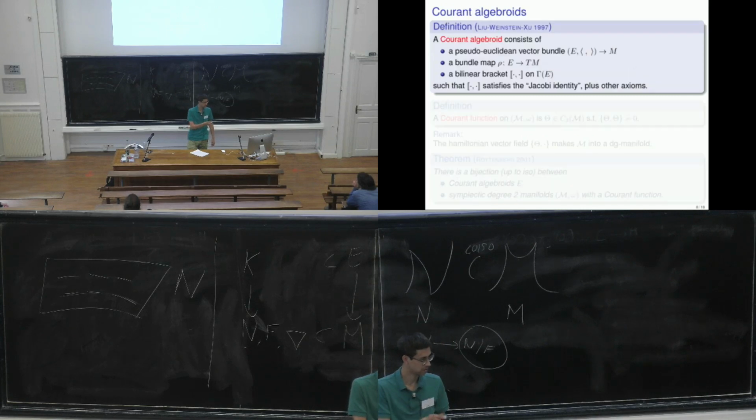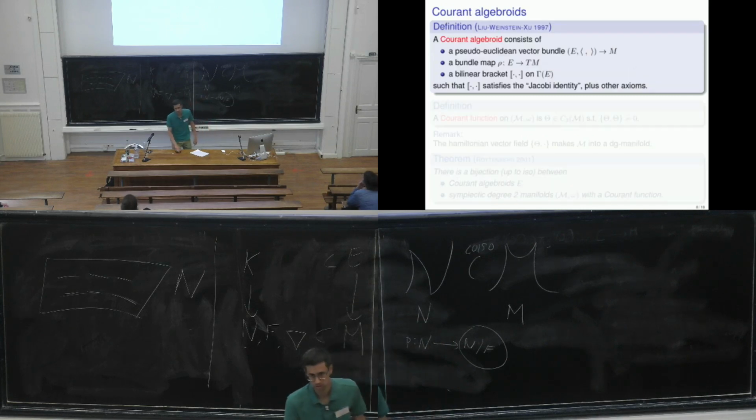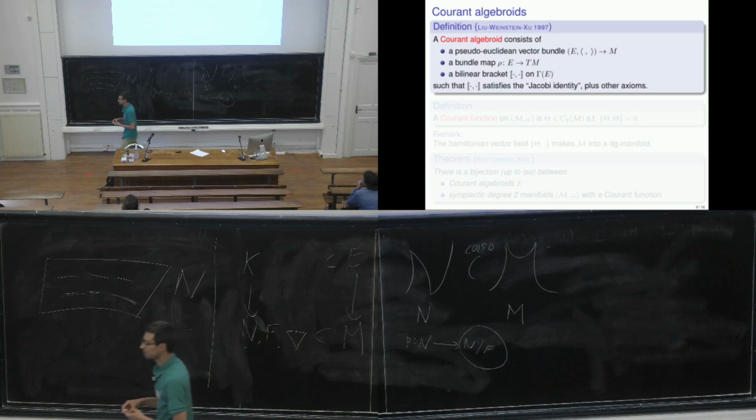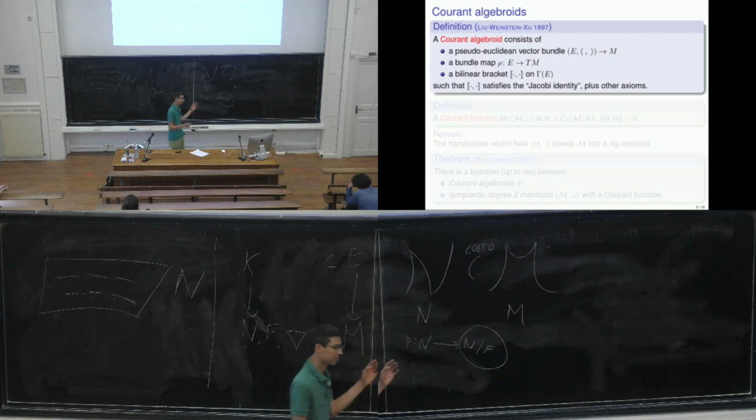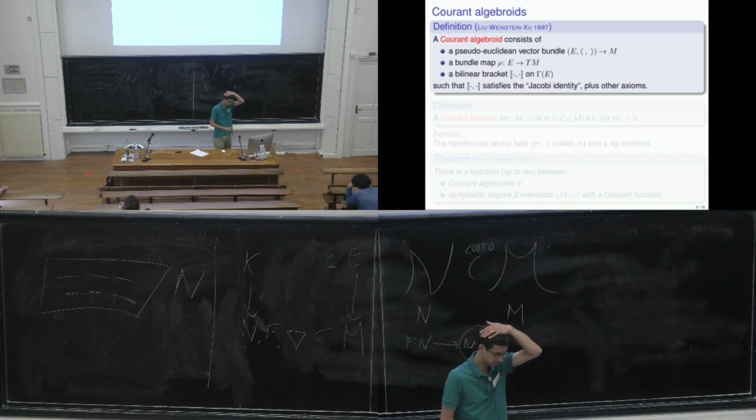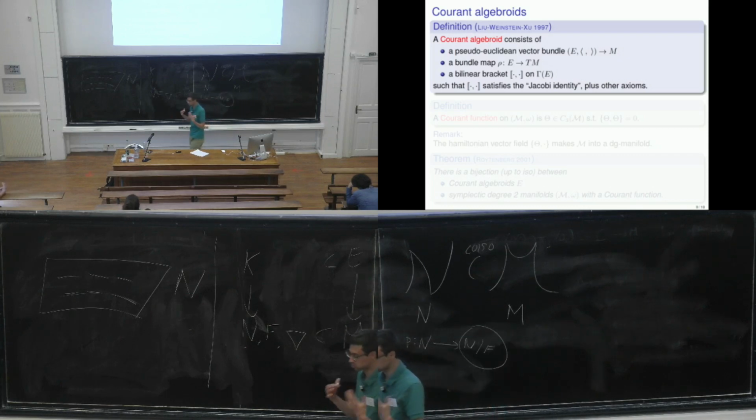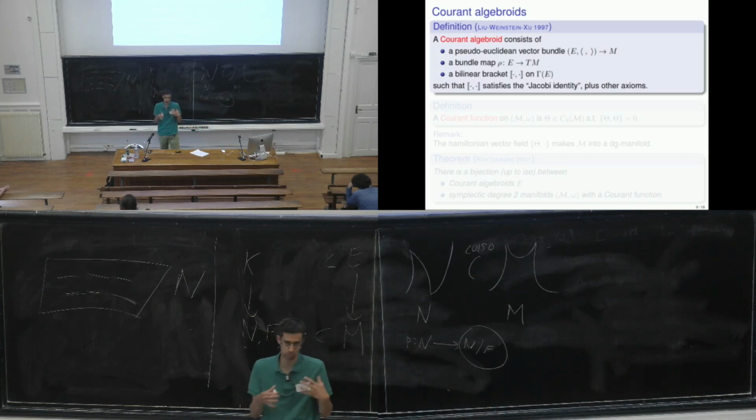Now I will bring a little bit of extra data into the picture, because I don't only want to talk about pseudo-Euclidean vector bundles, but actually about Courant algebroids. Here is the abstract definition in case you haven't seen it. We have a pseudo-Euclidean vector bundle with a couple more data, notably this Courant bracket.